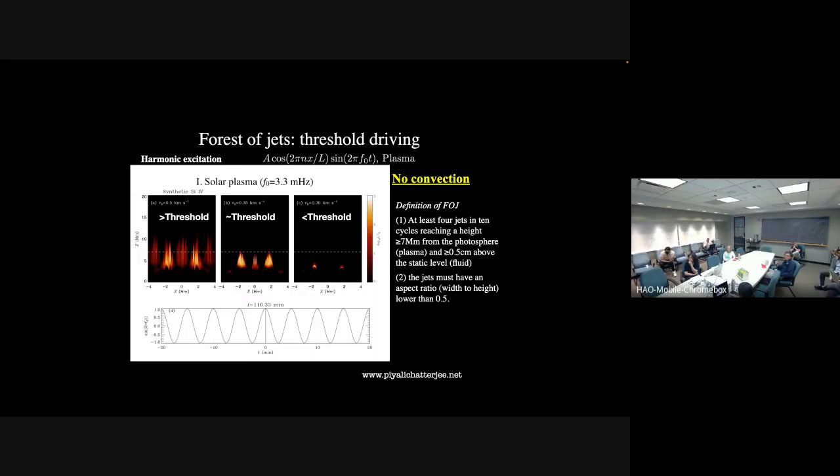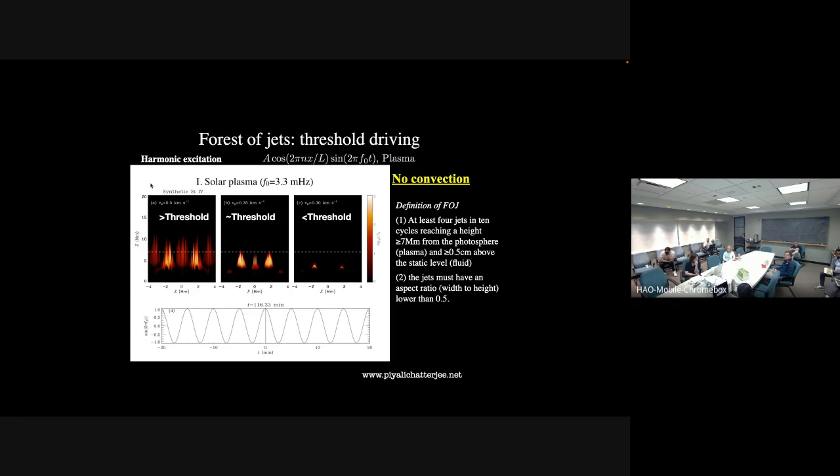So now, how do we define this? To do this experiment in both systems, we first have to make a definition of a forest of jets, which is basically arbitrary. But as long as we keep this definition the same for all our experiments, we can create a phase space out of all this ensemble of experiments.